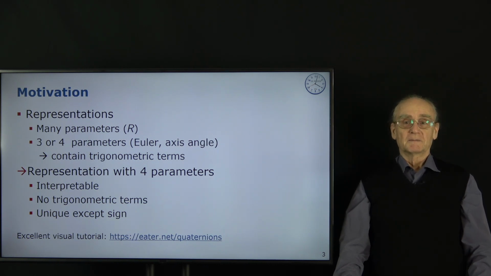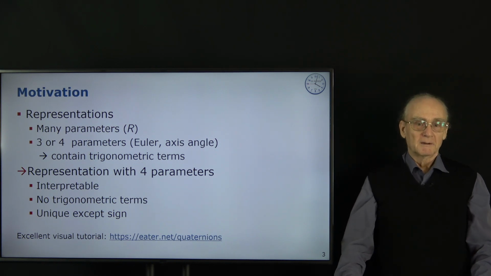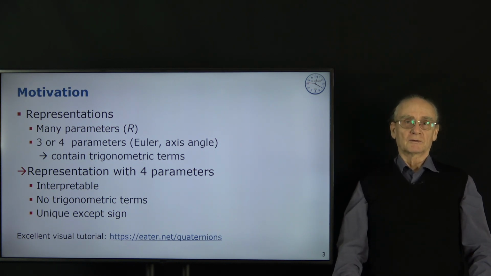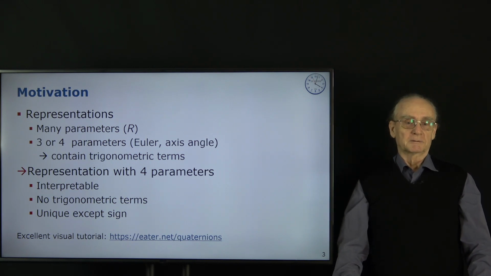So the question is, is there a representation which does not have so many parameters, but can do without any trigonometric terms? And there exists one, and this is exactly what we will talk about. The nice thing about it, it is an interpretable representation, and it's unique except for the sign.